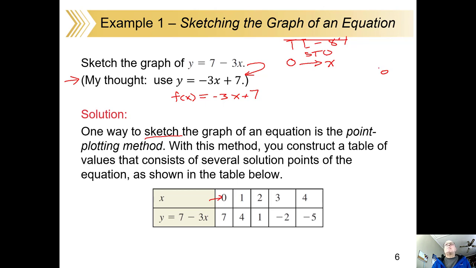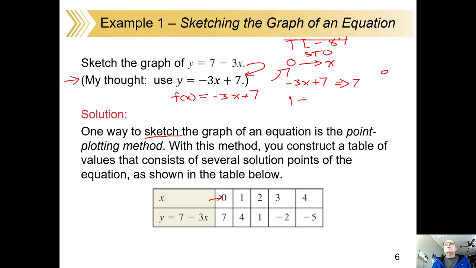Now that doesn't seem to be that great, but then what you can do is you can type in the actual function, and it's going to use the 0 that you just put in for x. So that's going to give you the value of 7. You want to get the next one?